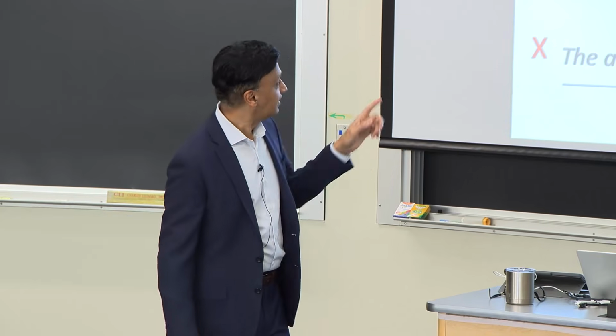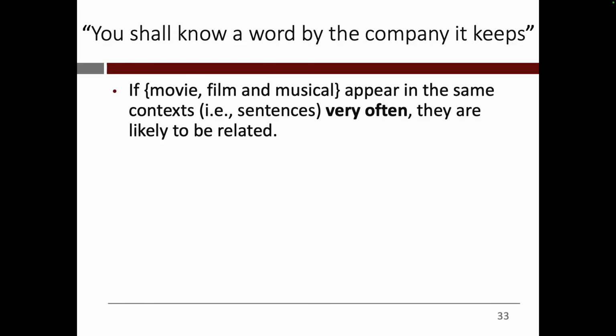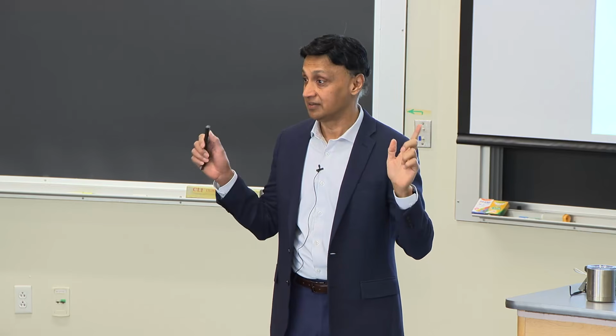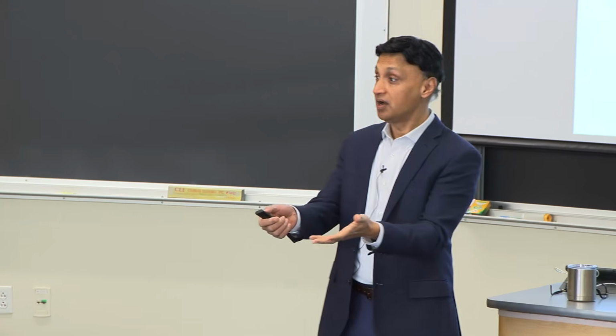So what we are seeing here is that if certain words are interchangeable in a sentence, meaning you change them, the sentence still makes sense, if they appear in the same context very often, i.e. if they're interchangeable, they are probably related. We don't even have to know what the word is.